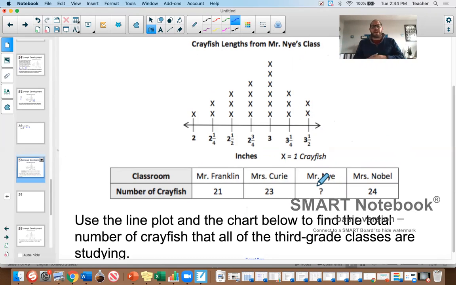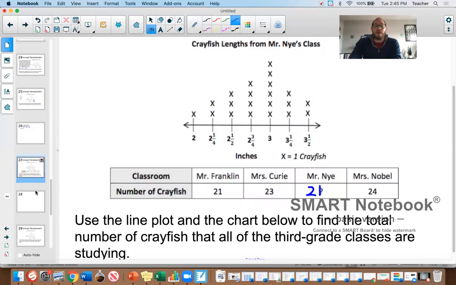How could we do that using our line plots? Well, we can count our X's. So let's go ahead and count them all up. 1, 2, 3, 4, 5, 6, 7, 8, 9, 10, 11, 12, 13, 14, 15, 16, 17, 18, 19, 20, 21. So Mr. Nye had 21 crayfish in his classroom.